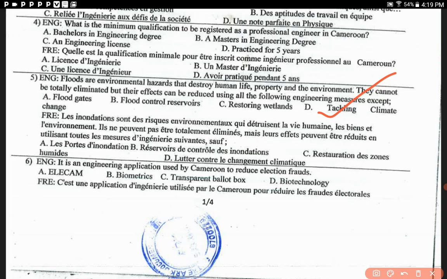So question number 6. Question 6 is, it is an engineering application used by Cameroon to reduce election fraud.